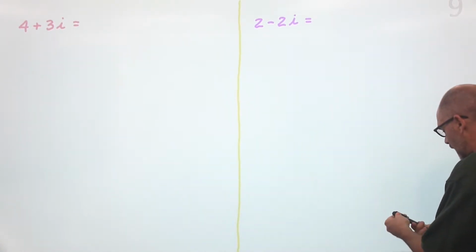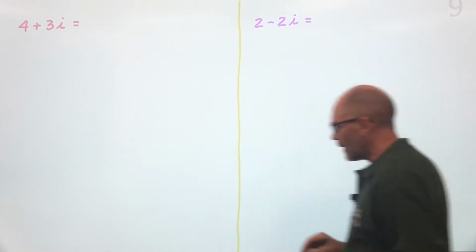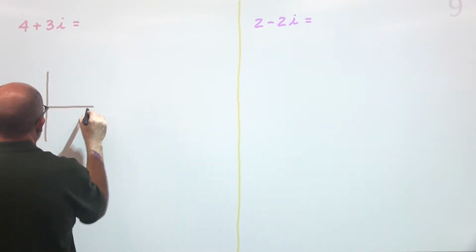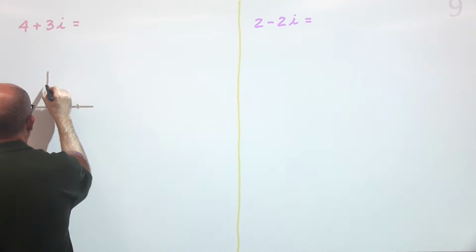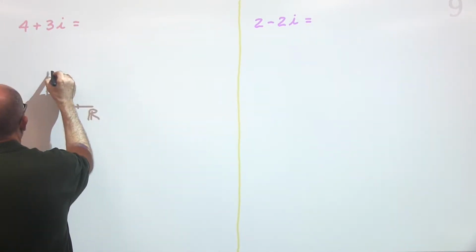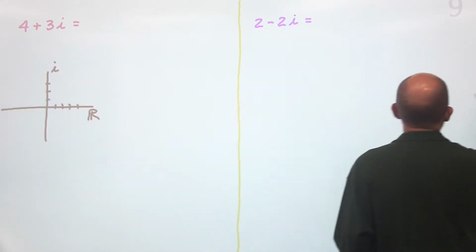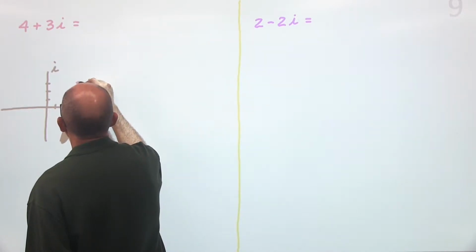Okay, let's check that out. So first thing, let's draw our triangle. So we've got the real here, the imaginary here. So 4 plus 3i means I'm going right 4 up 3.